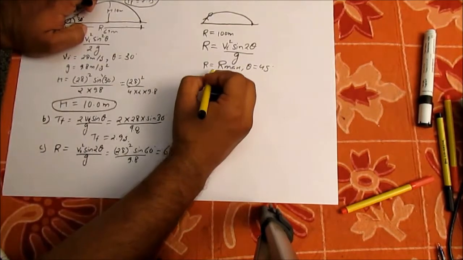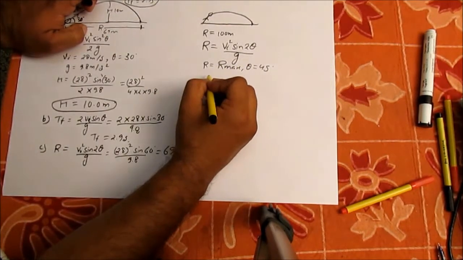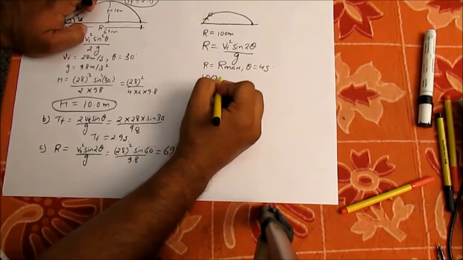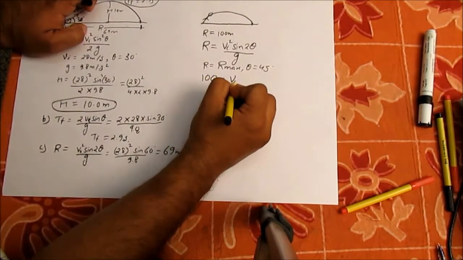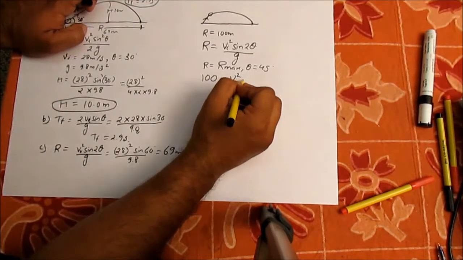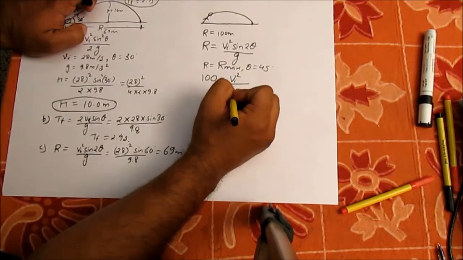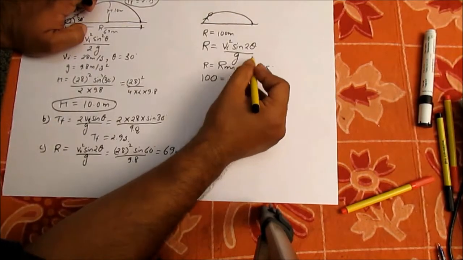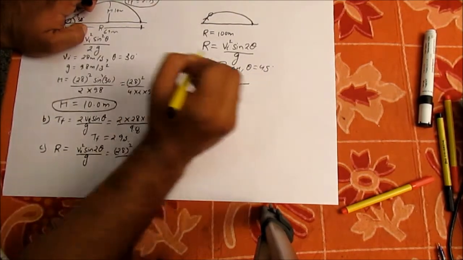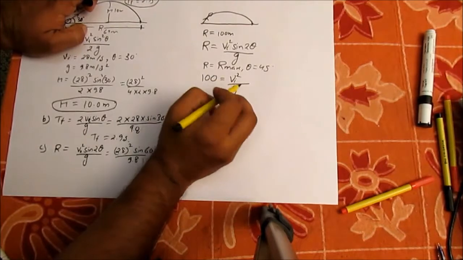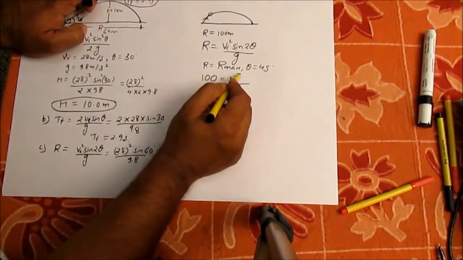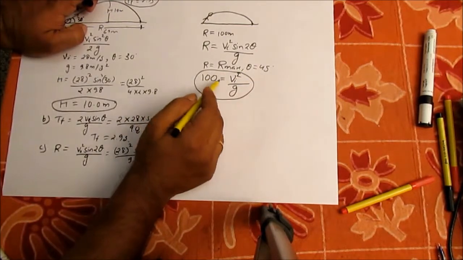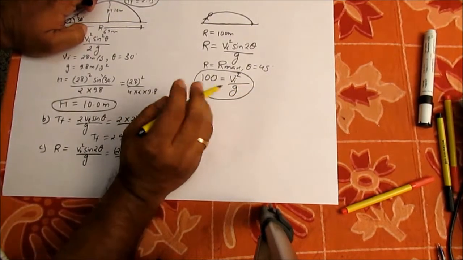So putting this value, I will get R as 100 meter, Vi square I don't know, and the value of g I will keep as g only, and sin 2 theta is 1. So this is the maximum. I got 100 is equal to Vi square by g.